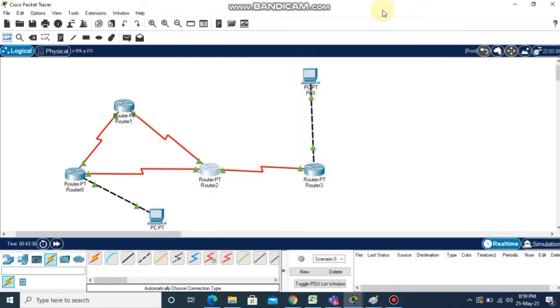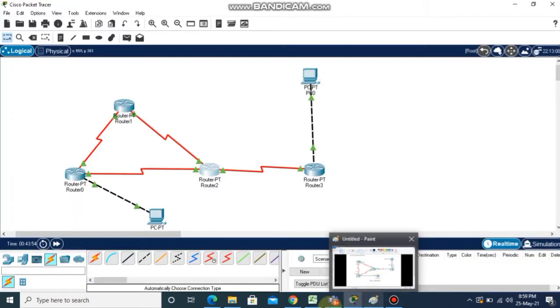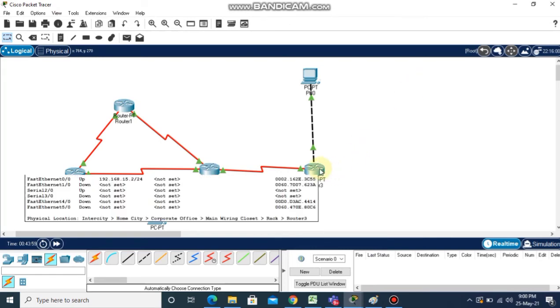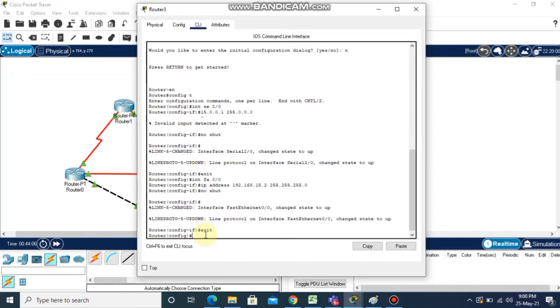And finally router 3 has 2 links. So now we are configuring the final router.